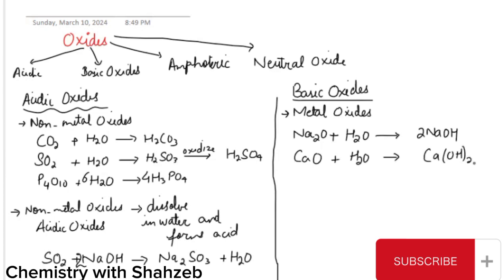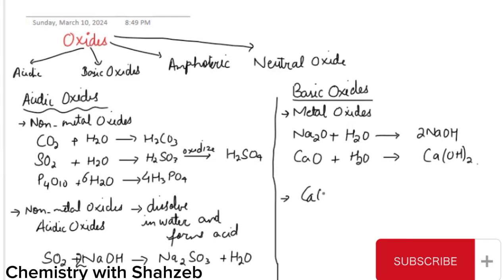Okay, so non-metal oxides dissolve in water and form acids, and metal oxides dissolve in water and form alkalis. So it's clear. And the other thing is that these metal oxides or basic oxides react with acid.